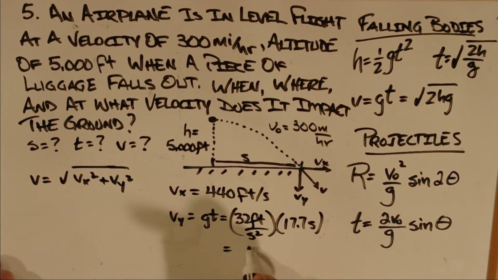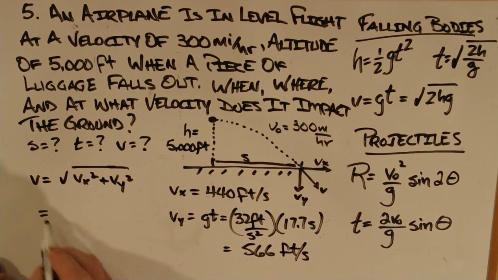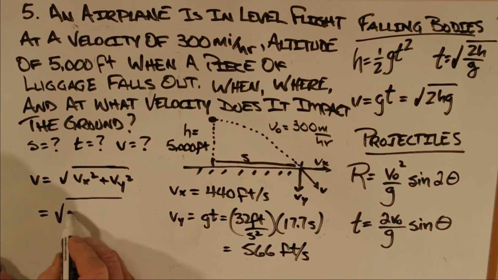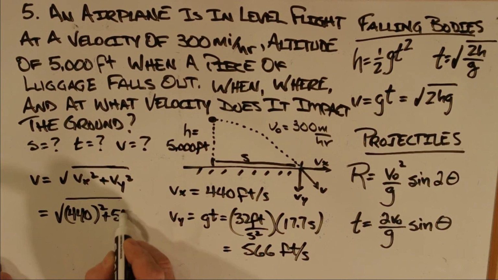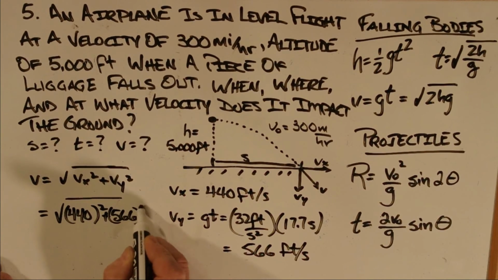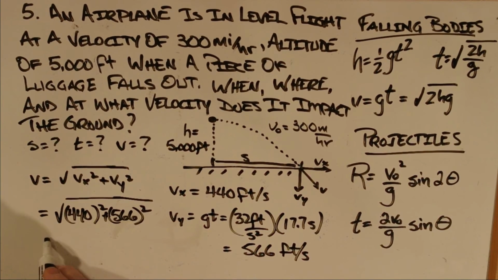When you do the arithmetic, you come up with a velocity in the y direction of 566 feet per second. So the impact velocity will equal the square root of 440 squared plus 566 squared. The answer, of course, will come out in feet per second. And we come up with a final value for the velocity, 717 feet per second.